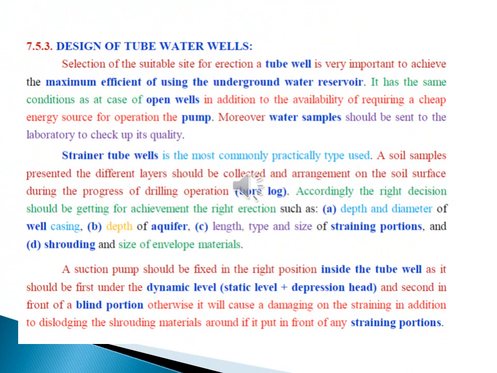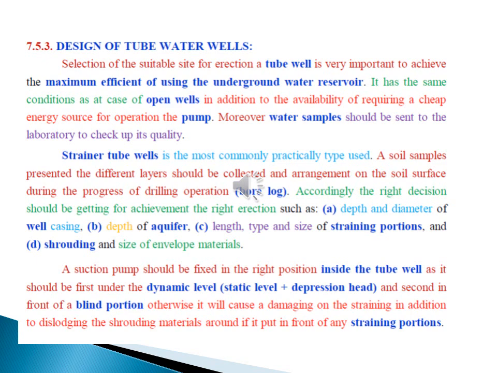Design of tube water well. Selection of the suitable site for erecting a tube well is very important to achieve the maximum efficiency of using the underground water reservoir. Water samples should be sent to the laboratory to check their quality. Drilled tube wells are the most commonly used type.